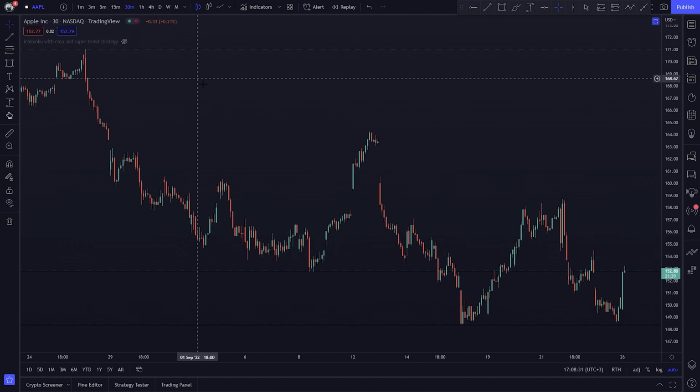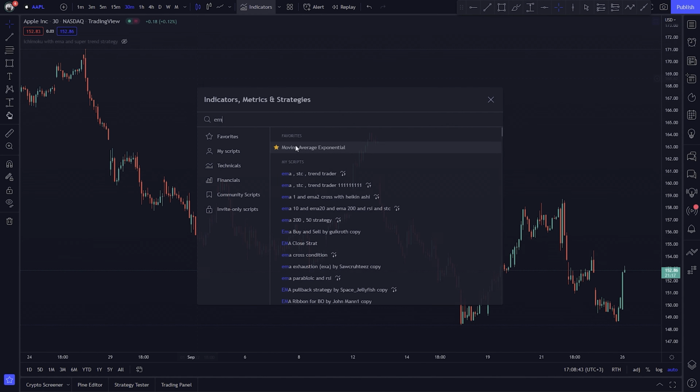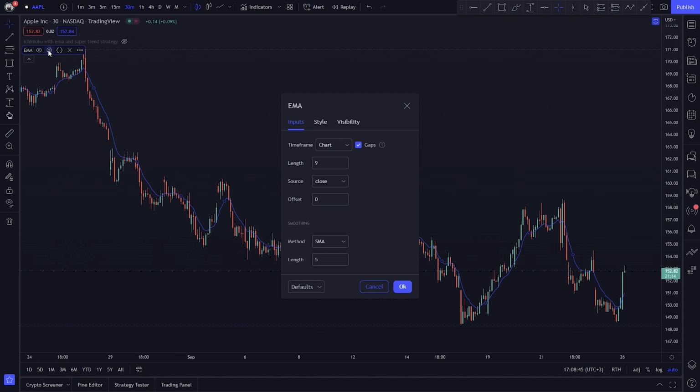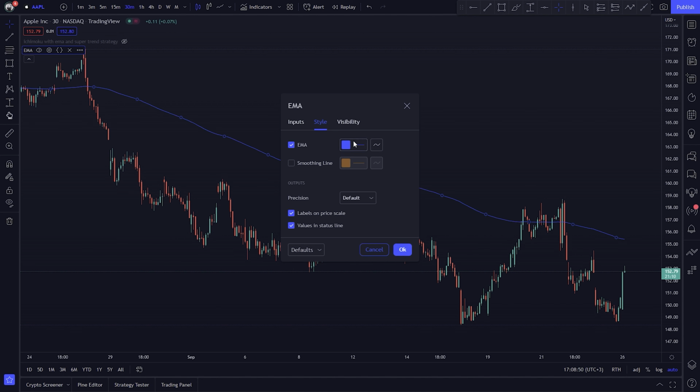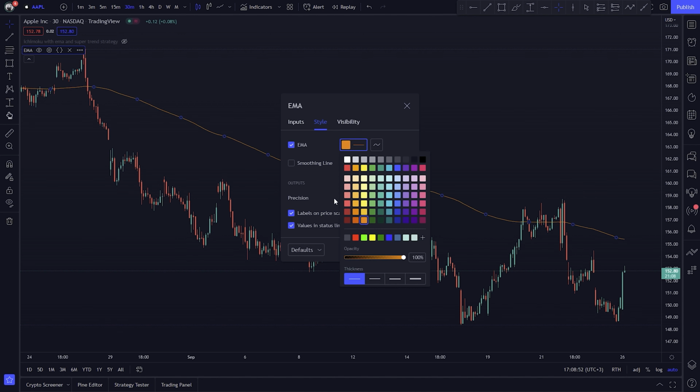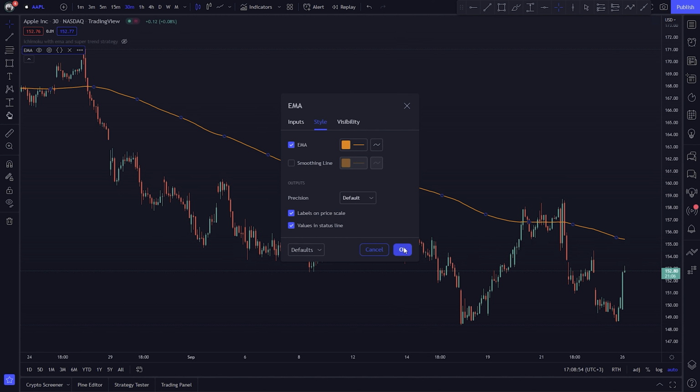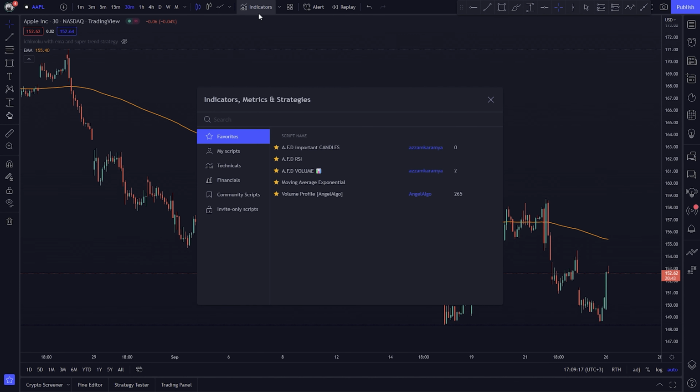Now let's go ahead and add them to our chart. 200 EMA. Ichimoku.